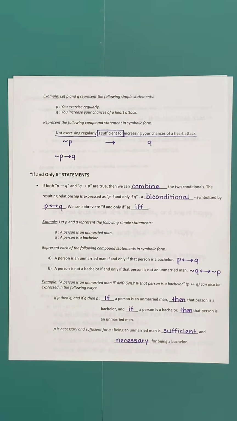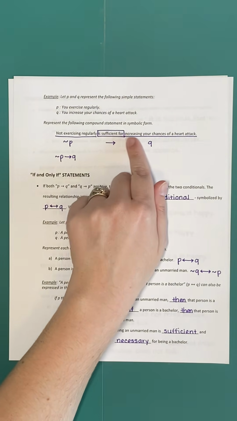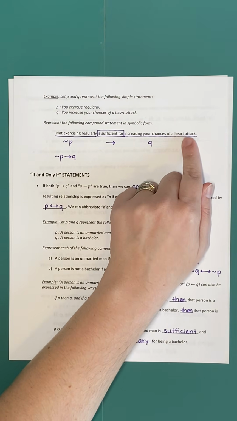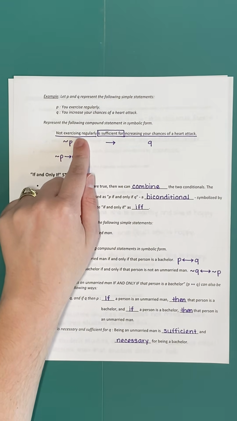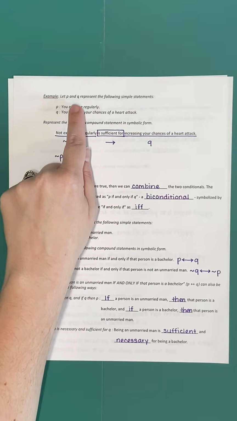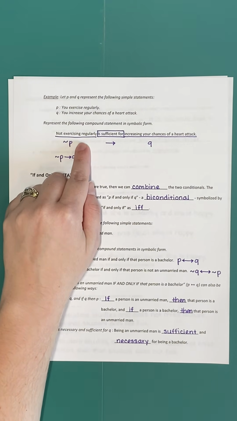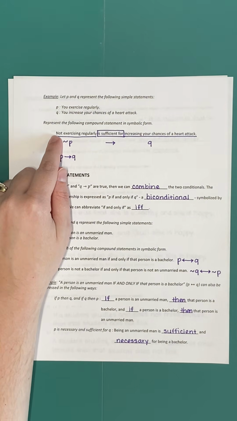New statements. Not exercising regularly is sufficient for increasing your chances of a heart attack. Okay. Not exercising regularly. Well, you exercise regularly. There's exercising regularly, so that's going to be the part associated with P. Now, we've also introduced the word not.